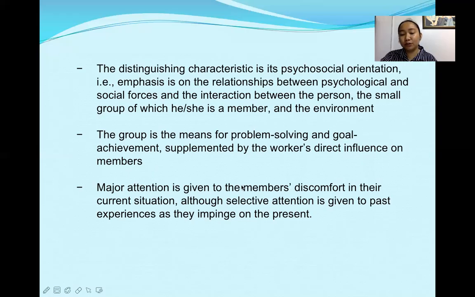So the use of group as a means to solve the problem, and through that group they can become the positive influence of other members. So pagiging part nila sa group would help them in some of their issues.